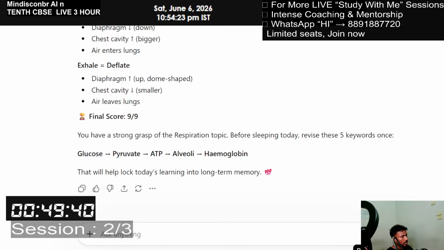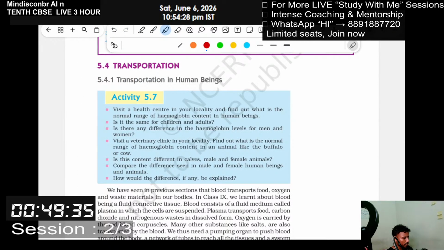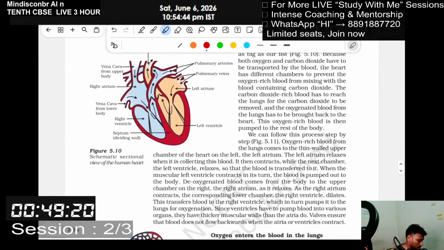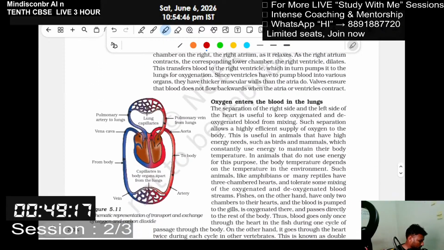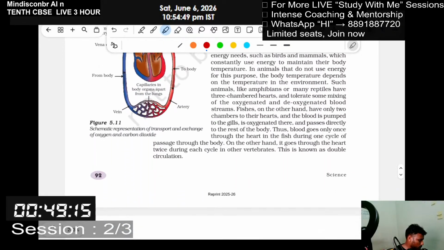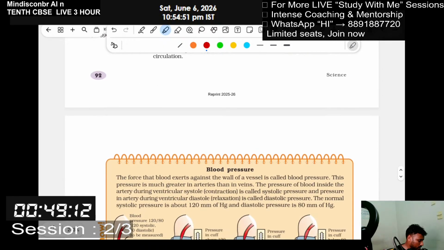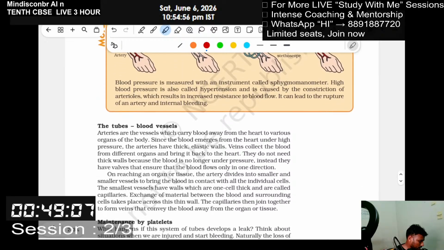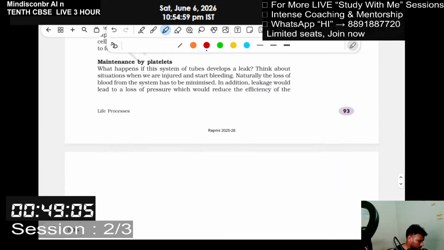Let's come to the next topic, that is transportation. Transportation in human beings: heart, transport of oxygen and carbon dioxide, blood pressure, maintenance of platelets, lymph.